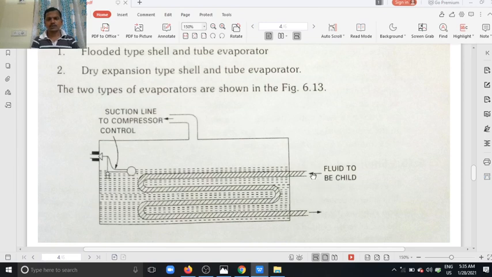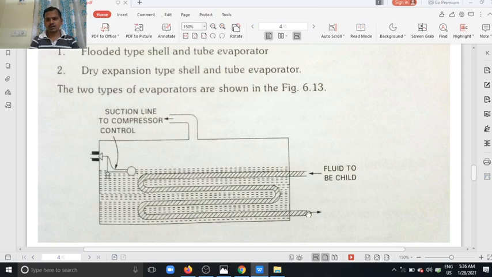The liquid to be chilled enters from the top at a high temperature and rejects its heat to the refrigerant.